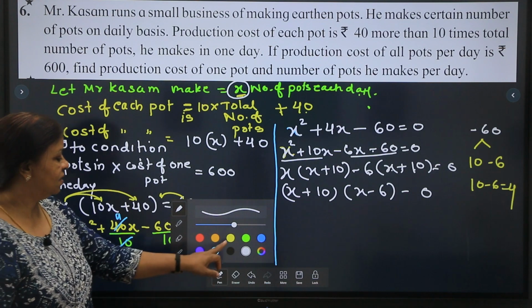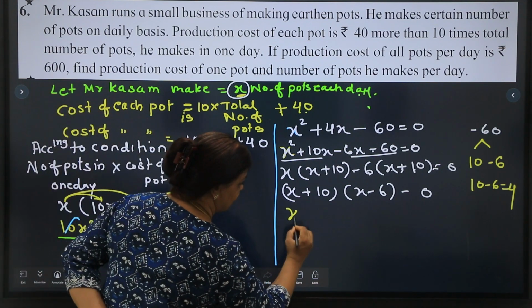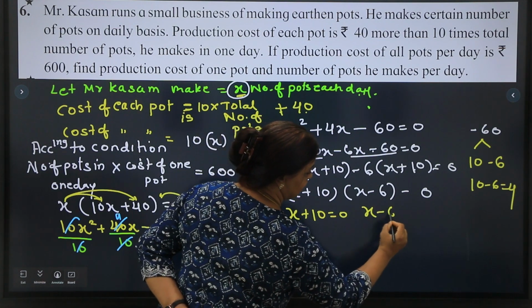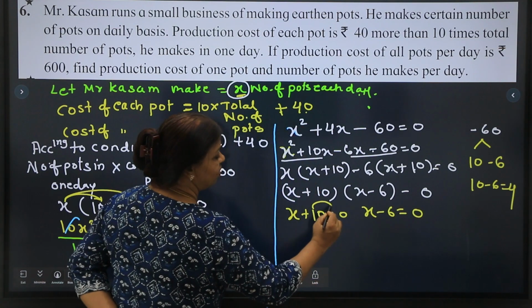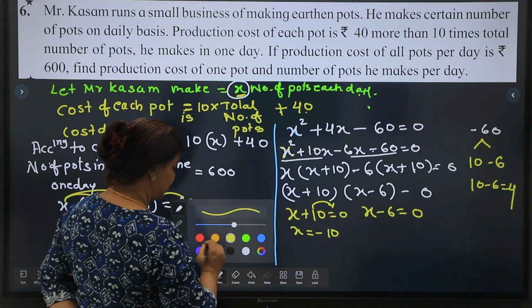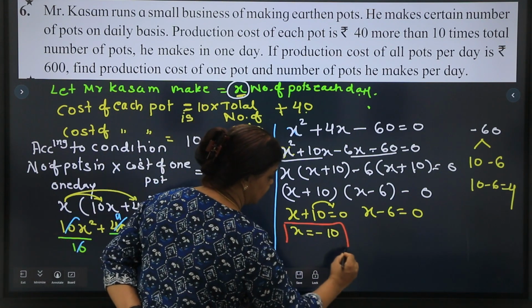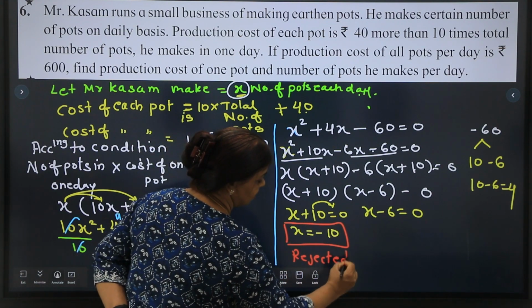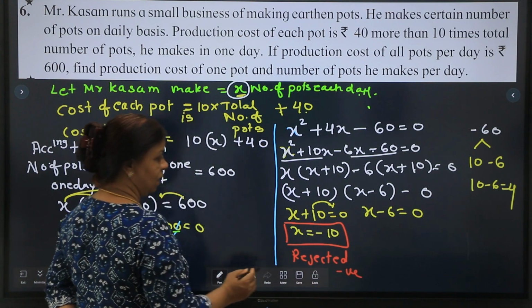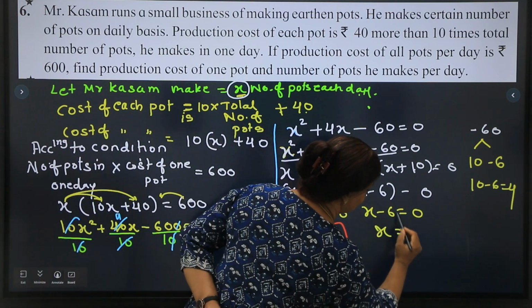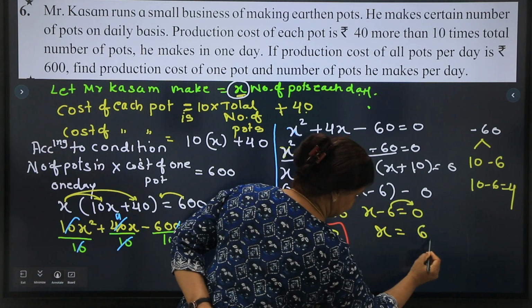Now we can write here x plus 10 is equal to 0, x minus 6 is equal to 0. 10 will move here, x is equal to minus 10, which is rejected since it is a negative number. Okay. So what will be the x value? x is equal to 6.